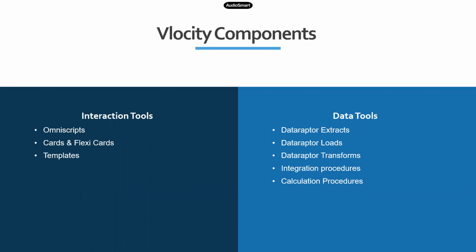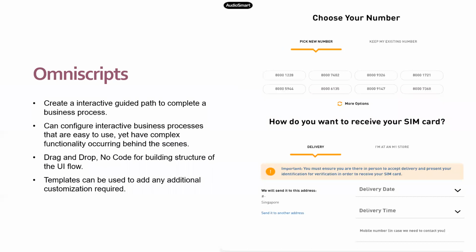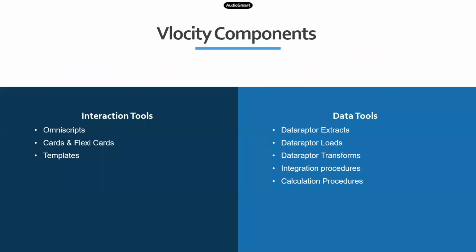For example, there is a screen like the Amazon screen, and you chose an option there, and based on that option you want to display a different component which has a lot of data where the customer can choose multiple other options. That child component, you can create as a flex card.